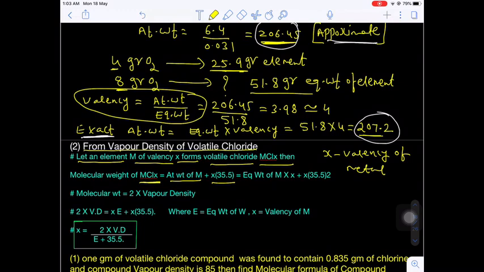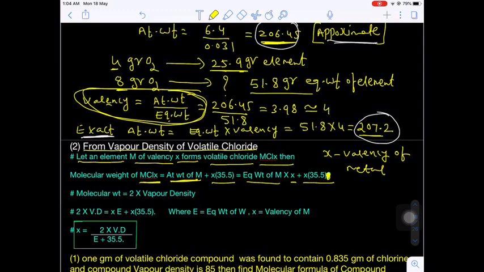There are X chlorines, so that's why. Now here atomic weight is equal to equivalent weight multiplied by valency. So equivalent weight of metal multiplied by valency X, plus valency X into 35.5.